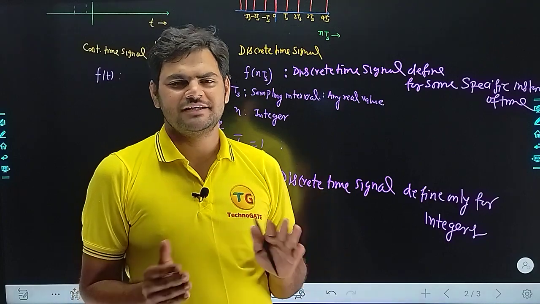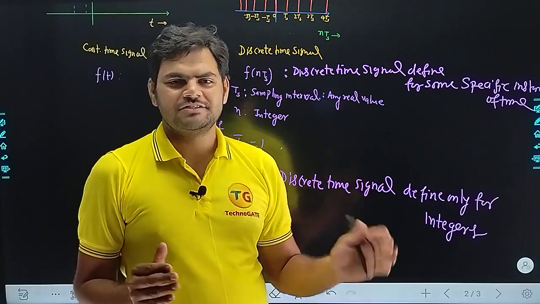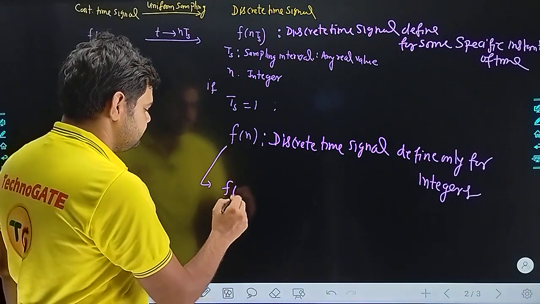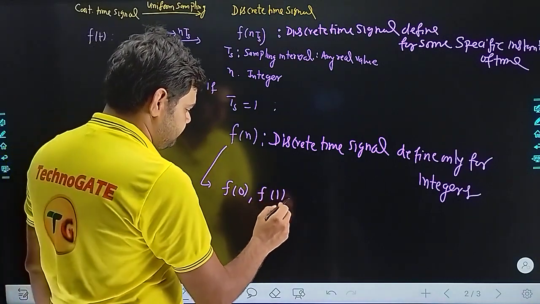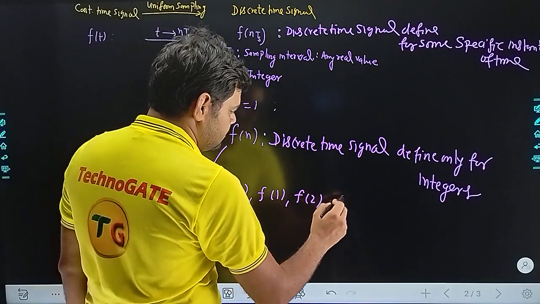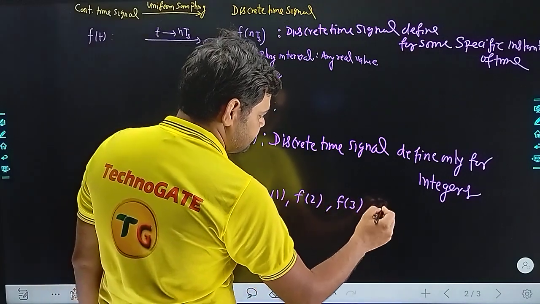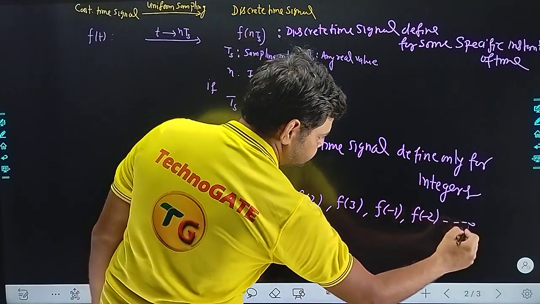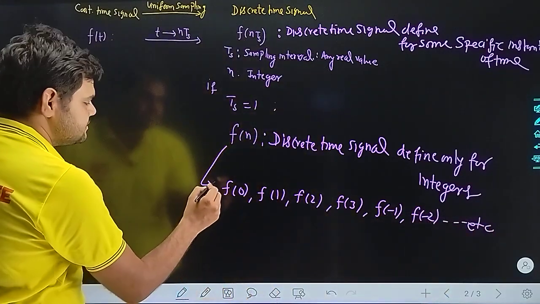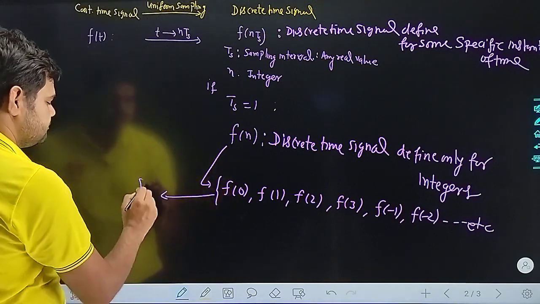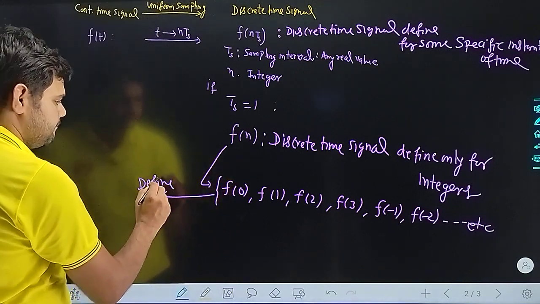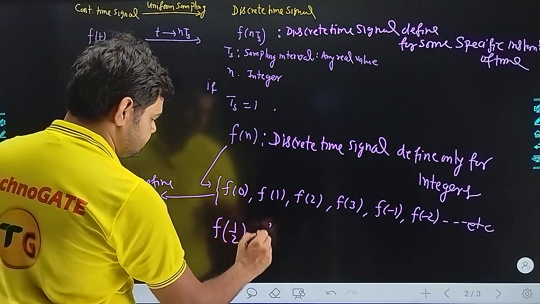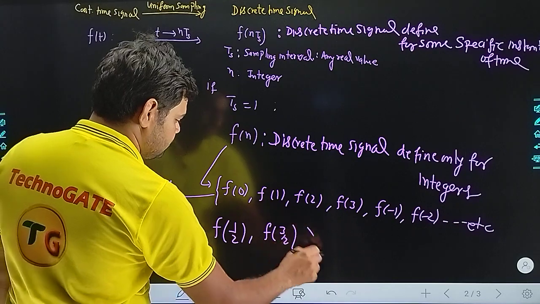F of n can be easily represented for various values of n, like f0, f1, f2, f3, and on the negative side as well, -1, -2, and so on. All these values we say are the defined values. But if I say f of 1 by 2, f of 3 by 2, you will say not defined.